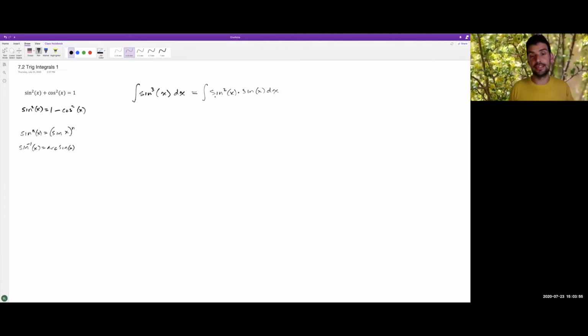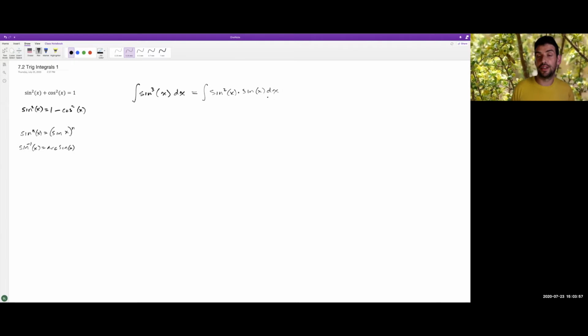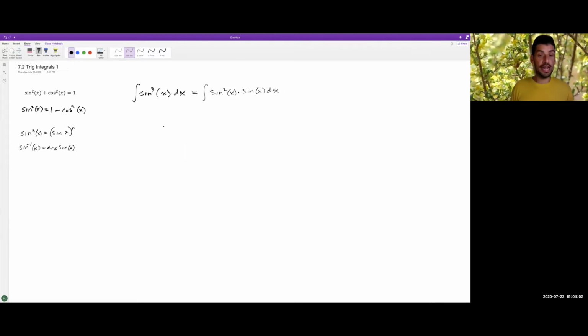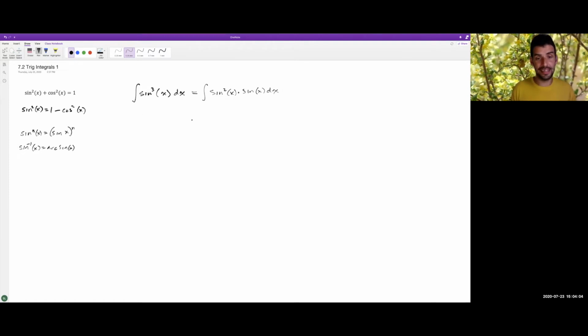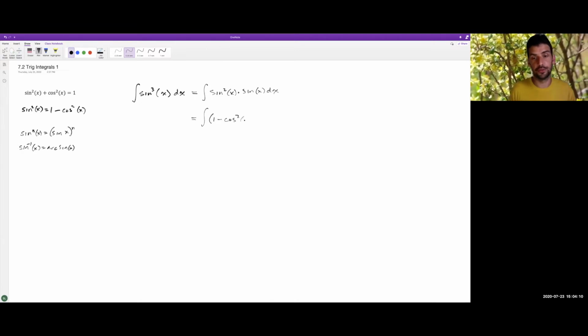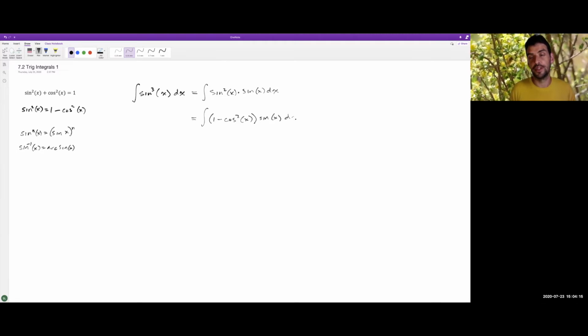Sine cubed x dx is equal to sine squared x times sine of x dx. Now we're going to use this identity as I've written over here, and replace sine squared with 1 minus cosine squared of x, times sine of x dx.